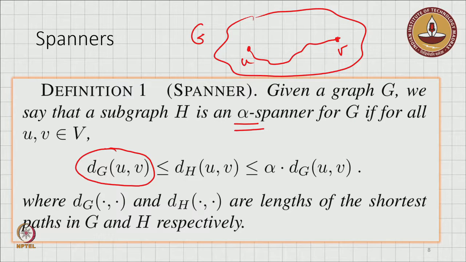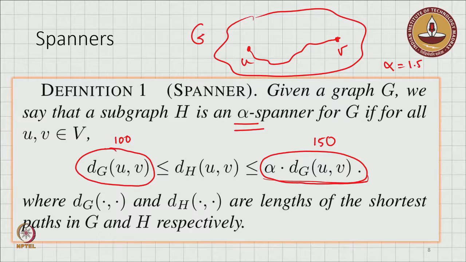Now multiply that by alpha. So let's give ourselves some examples. Let's say d_G(U, V) is 100, and let's assume alpha equal to 1.5 as an example. So this is 100 and this is going to be 150.